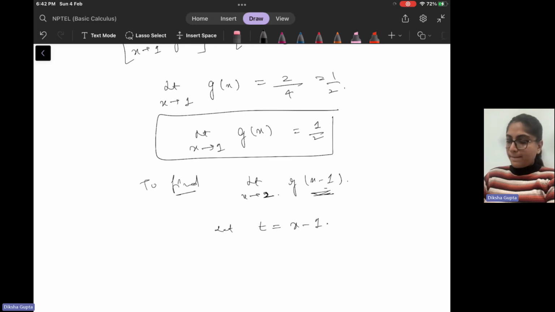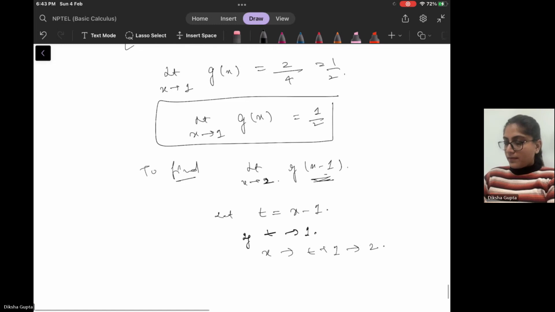We have the information of the limit at the point 1. We have to find the limit at the point 2 but of the function g of x minus 1. So we have put t to be x minus 1. Now we know that if t tends to 1, we know the limit. So when t tends to 1, x is tending to t plus 1, that is 2.